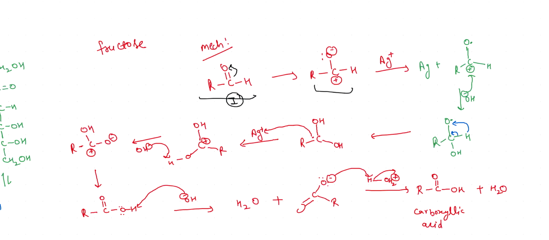Further, when it reacts with the Tollens reagent, first of all, what happens? This oxygen will transfer its electron to the silver positive. Then one molecule of silver positive, Ag+, gets reduced to Ag. Now this oxygen has lost one electron, so it becomes neutral and carries one electron.